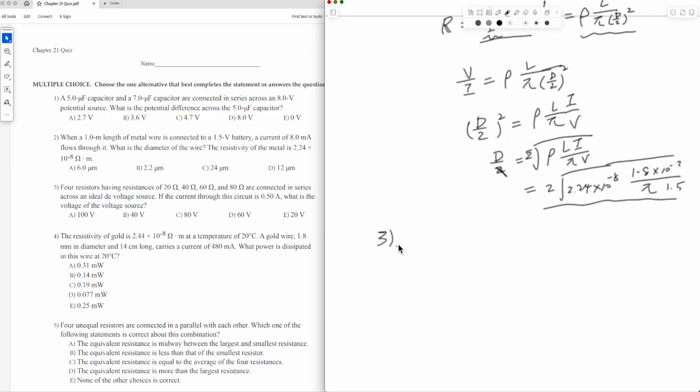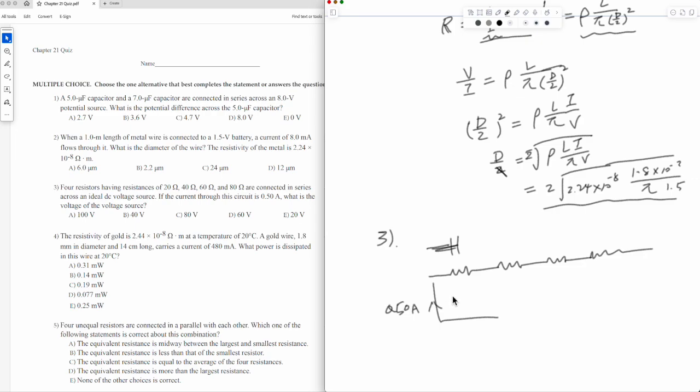Number 3. All right, 4 resistors having resistance 20, 40, 60, 80 are connected in series, right? So this is resistor 1, 2, 3, 4, right? In series across an ideal DC voltage. If the current flow through is 0.5 amp, half amp.